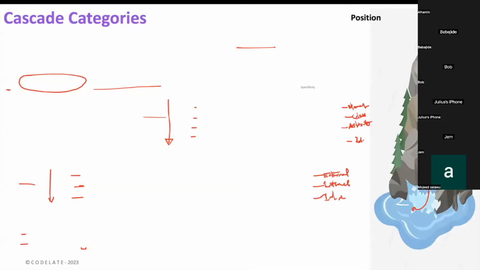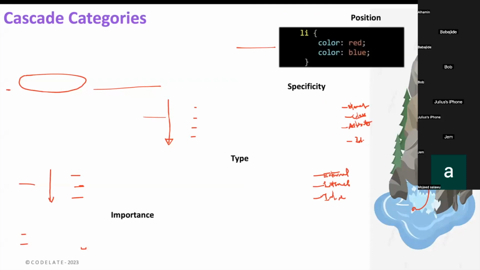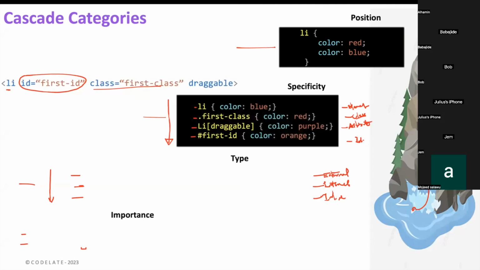Then we explained the 4 categories that we have in cascading. One of them is position, which means styling is applied to elements by their position. So going by Abiodun's rule, obey the last command. When it comes to positioning, the last style that is set would be applied to the elements.